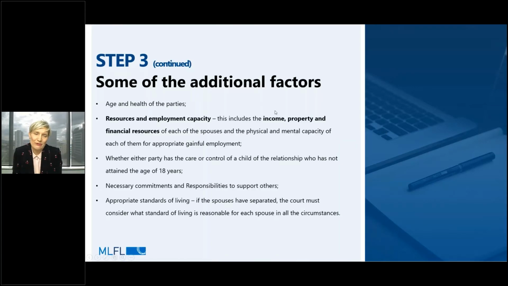Some of the most pertinent factors we've just set out in the next couple of slides. The age and health of the parties, resources and employment capacity, which includes income, property and financial resources of each of the spouses. Obviously that text has been emphasised in the context of trusts, and we'll come back to why that is when we deal with some of the case studies.